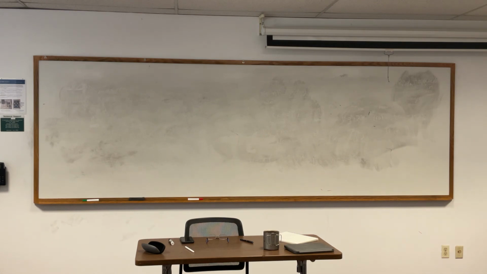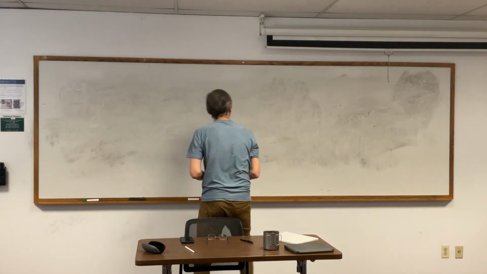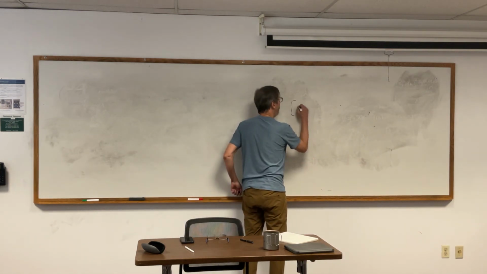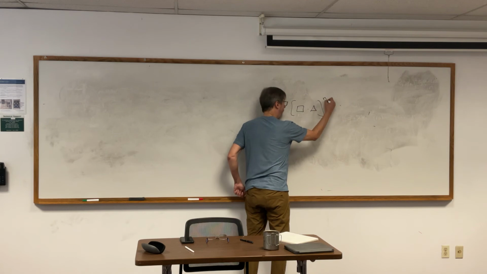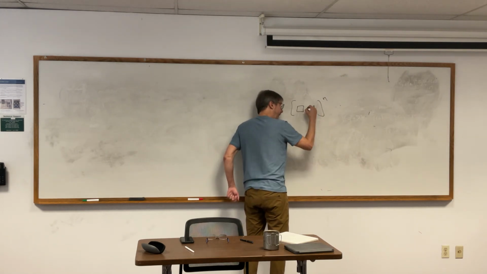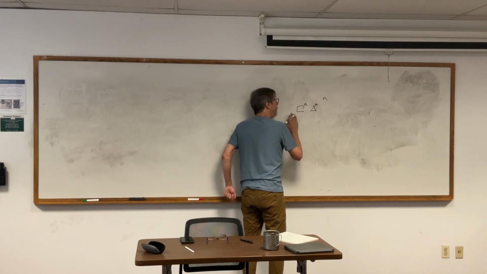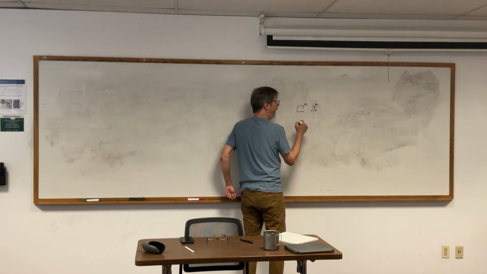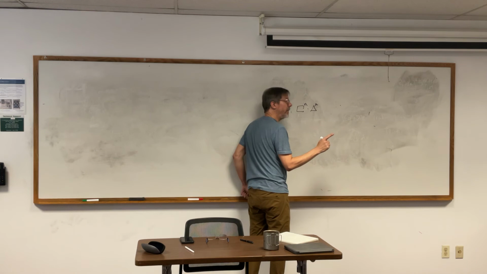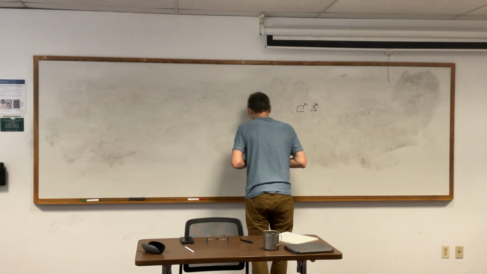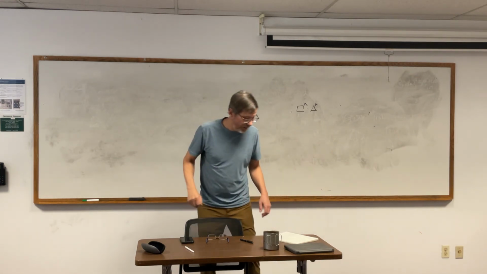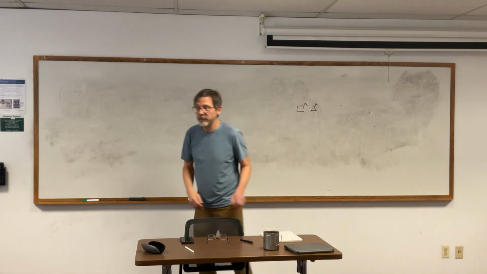If you have something times something else to a power, that power can go to both. It's when there's a plus in there that I can't do that. So, 2 squared times x squared.